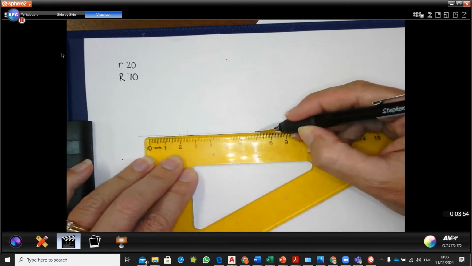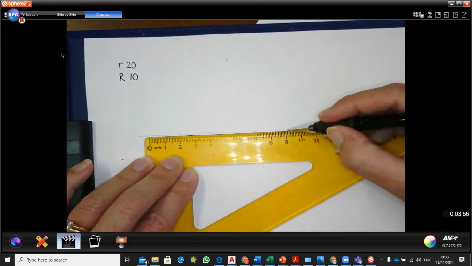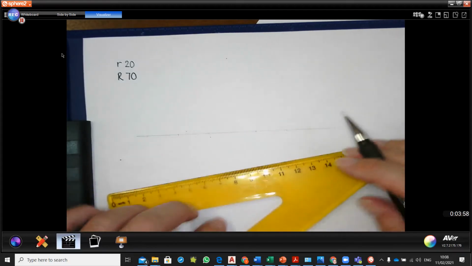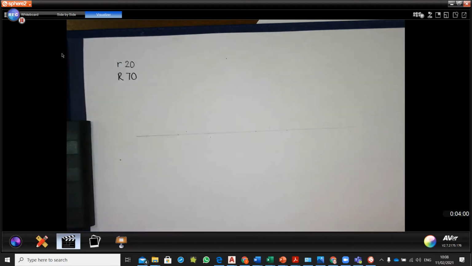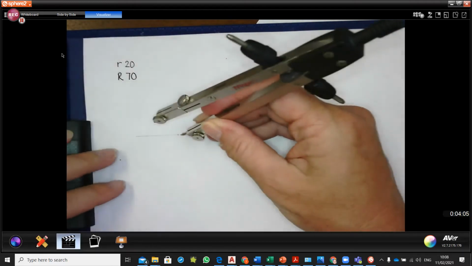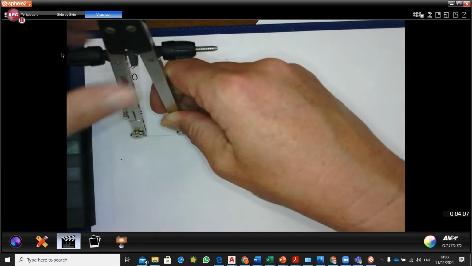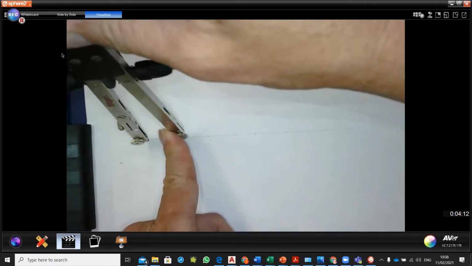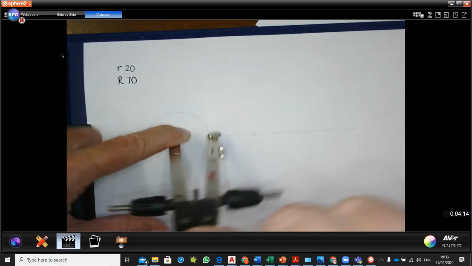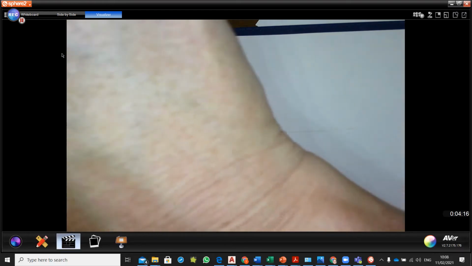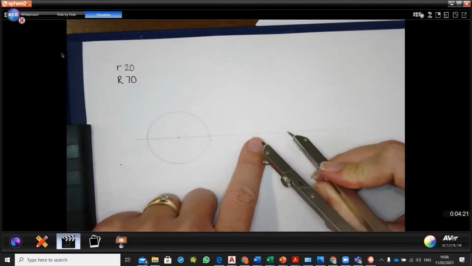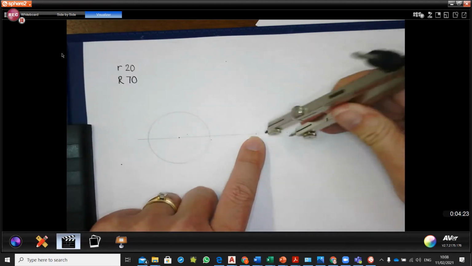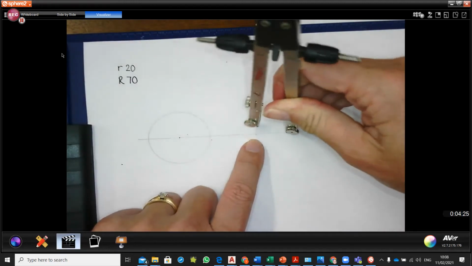Leave a gap of 30. This construction will work with any two circles that you are given. I'm going to leave a gap of 30, and I'm going to draw my second circle.